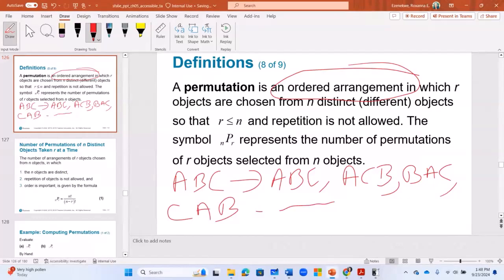Just so you know, when you are talking about permutation, your answer is going to be large. When I was talking about combination of ABC, I had only one combination. Order is not important. But now I'm talking about permutation. It's an ordered arrangement. Order is very important. Why am I saying this?